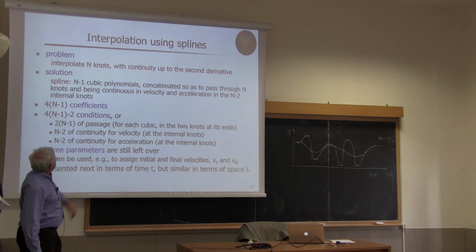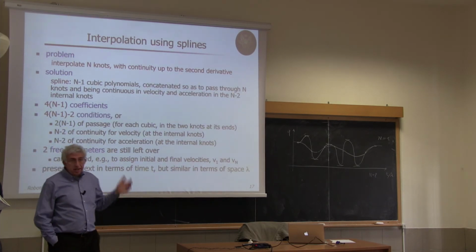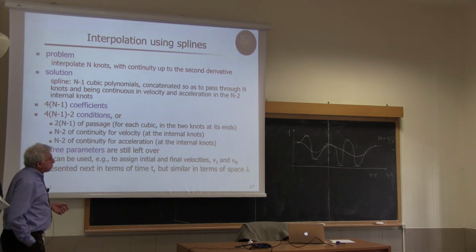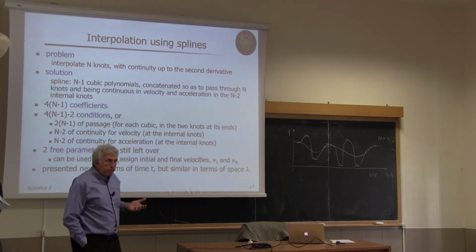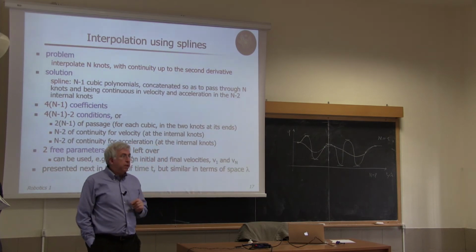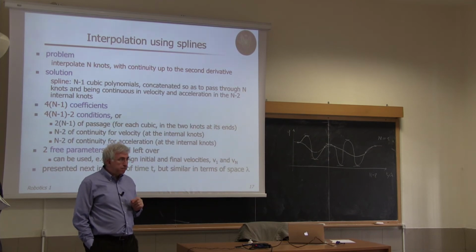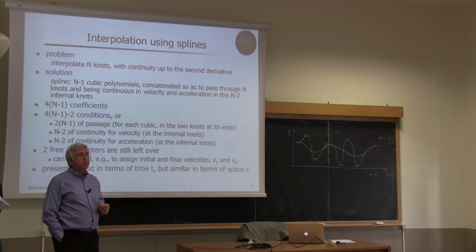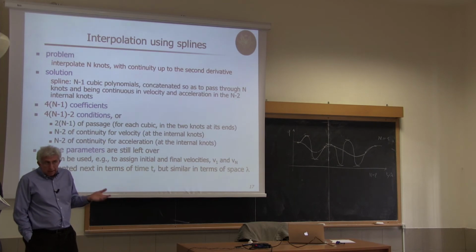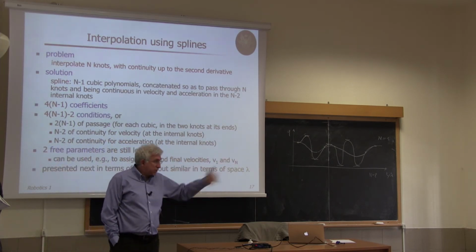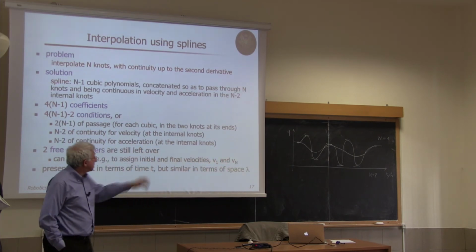So our problem is to interpolate a generic, typically large, number n of knots, and we would like to impose some continuity. Since we are patching together elementary functions, which will be cubic polynomials in our case, we have to guarantee continuity, and we guarantee continuity up to the second derivative. Now I can say acceleration if this is done in time, or curvature if this is done in space. Okay, it's exactly the same.